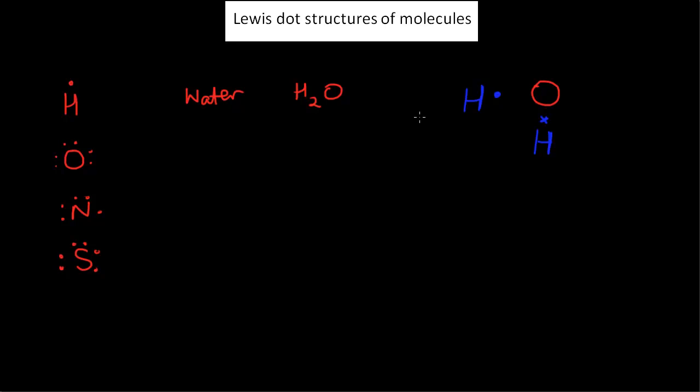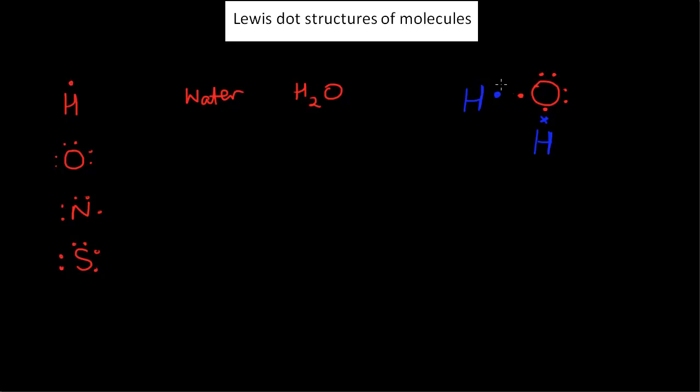Now if you know the law of bonding, each atom tries to have a full valency shell. So I'll just do the dots for the oxygen here. The oxygen has 6 electrons in its valency shell. It needs 2 to complete its valency shell, in other words, to have 8.